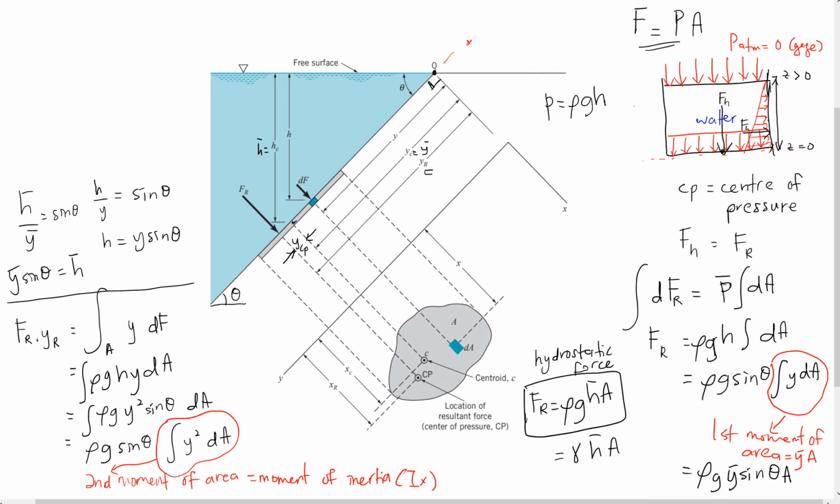So I continue here, so I should get y r equal to rho g sine theta, and then I have Ix.